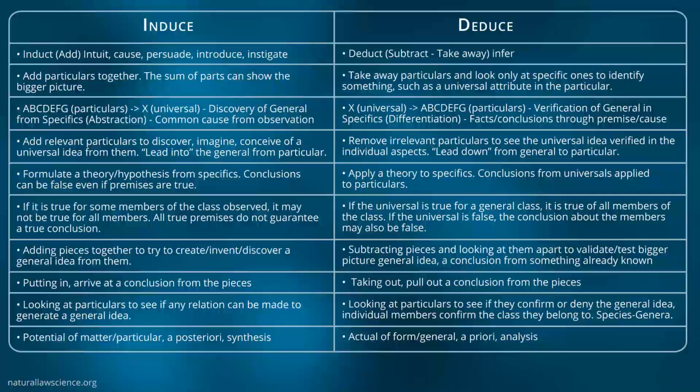Our conclusions can be false, even if the premises are true. And in deduction, we apply a theory to the specifics. The conclusions from the universals are applied to particulars. So this is where we get our induction-deduction spiral feedback loop. We formulate a hypothesis based on premises that we presume are true, but we need to verify that hypothesis.